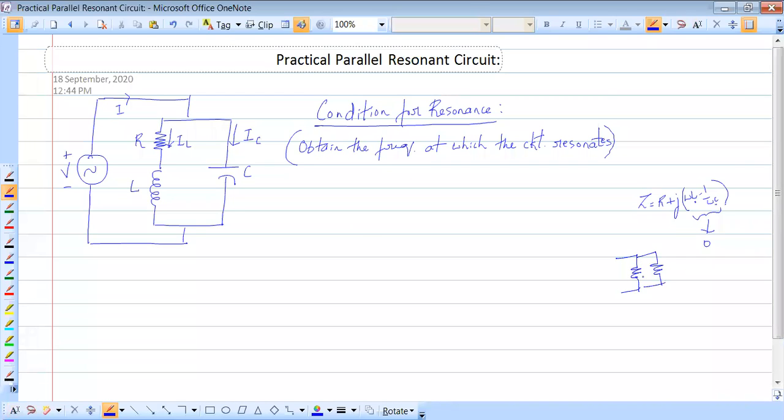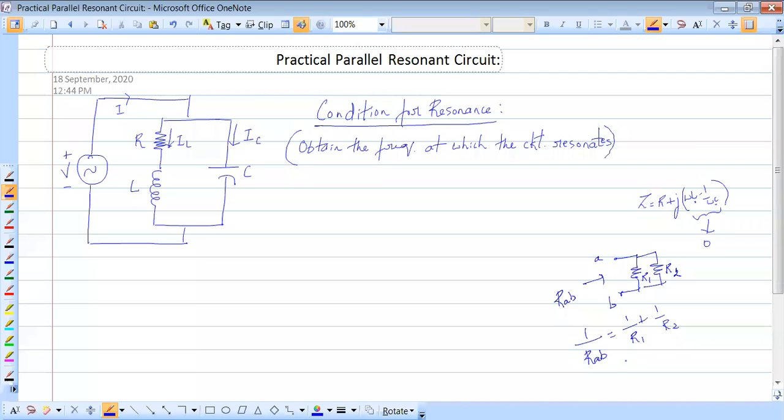See here, if there are two branches in parallel like this, suppose we have R1 and R2, and this is AB. Fine, this is AB. What is RAB? We write like this, right? 1 by RAB is 1 by R1 plus 1 by R2. Yes or no? Fine.